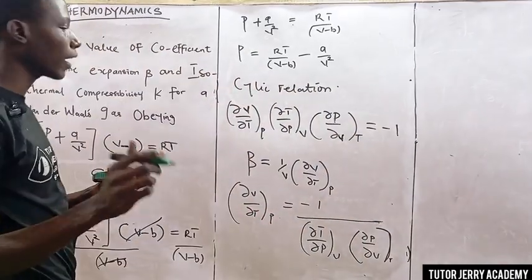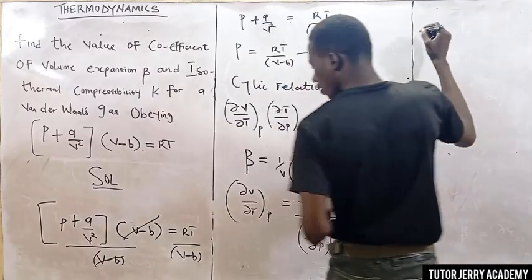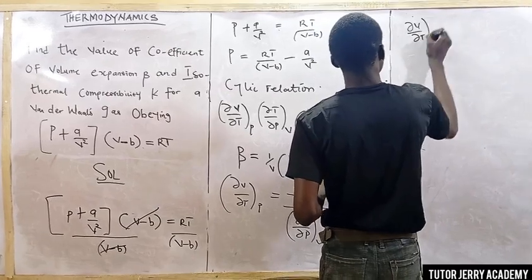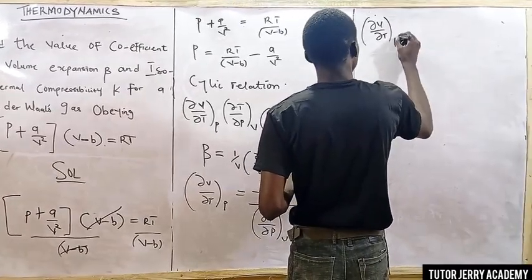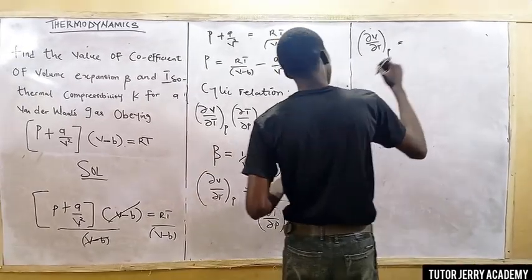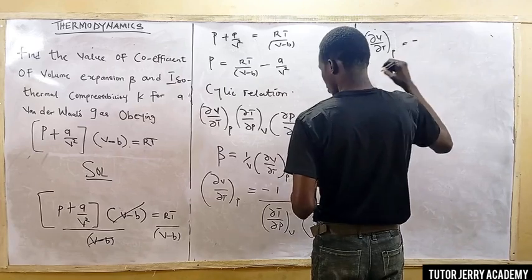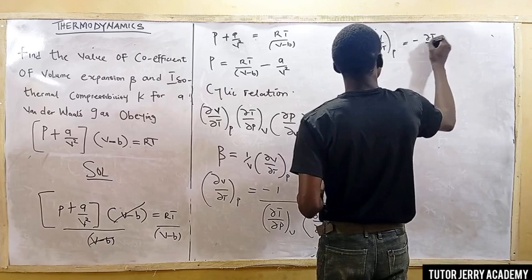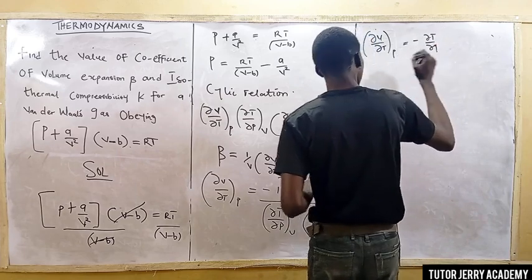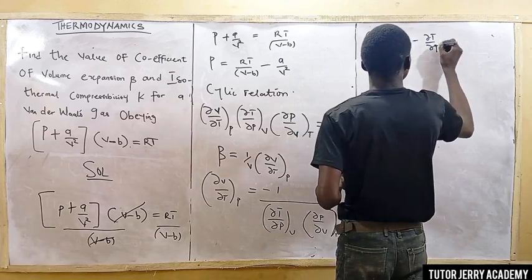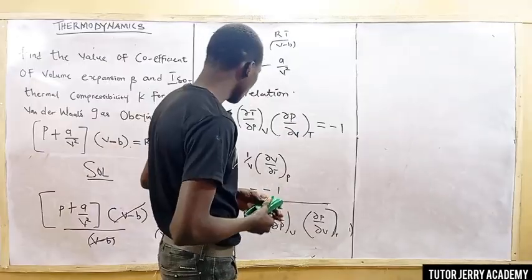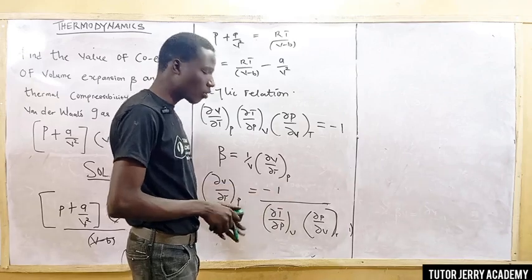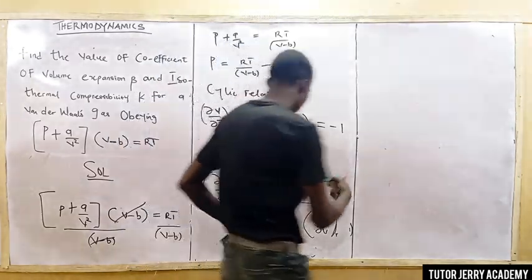If we simplify further, the partial of V over T, keeping P constant, will be equal to minus the partial of P over V, keeping T constant, divided by the partial of P over T, keeping V constant. To get the partial of T over P, keeping V constant, we take the inverse.